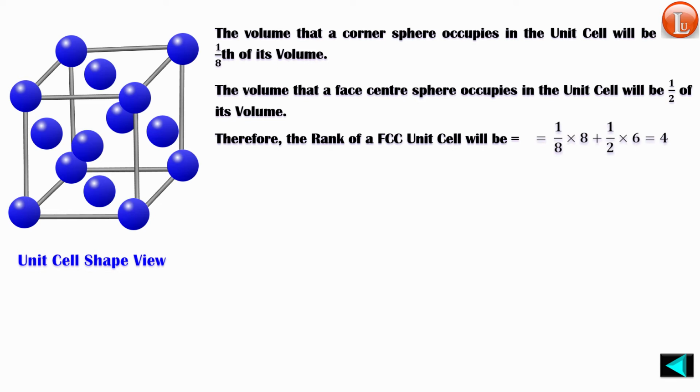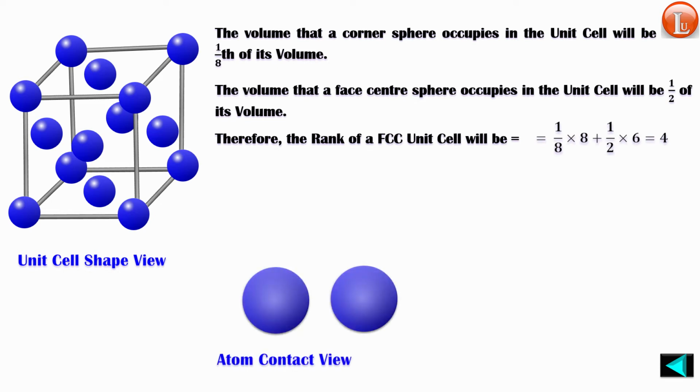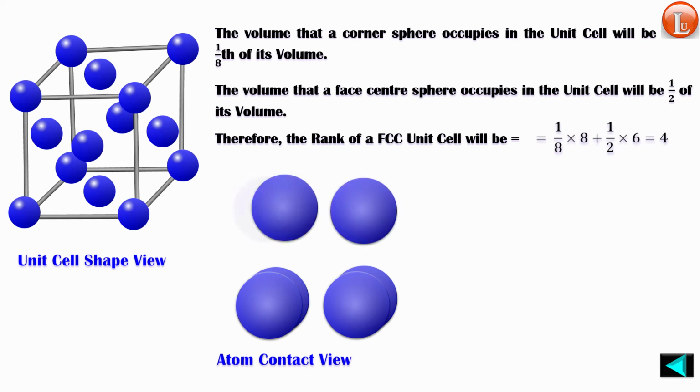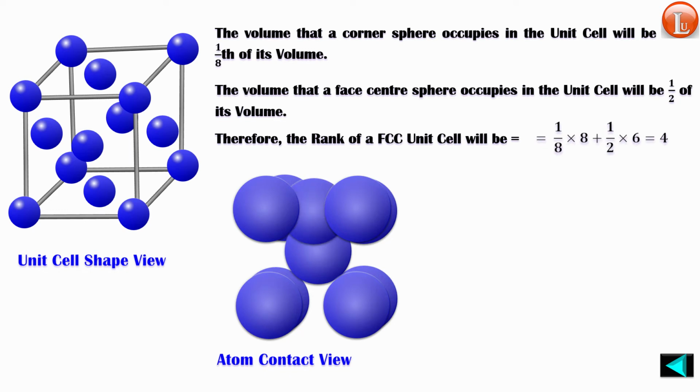Now let's look at the atom contact view. How are they in contact? Again, you see these 4 atoms are not in contact with each other. And now I'm going to place the atoms on top, not in contact with each other. And now I'm going to place the face atoms. This is the face atom of the back face, top face, right face, bottom face, left face, and the front face.